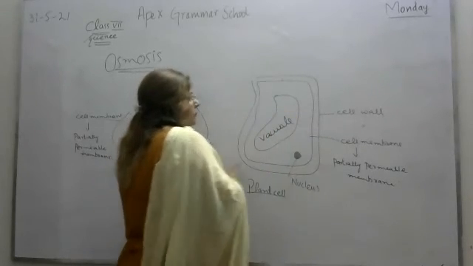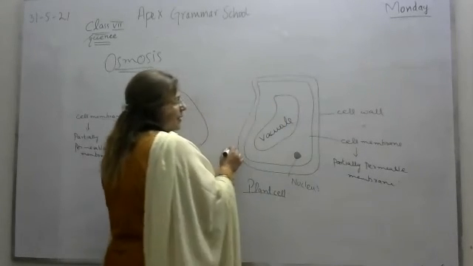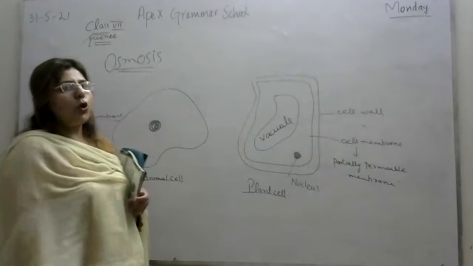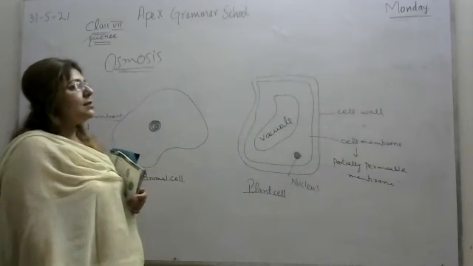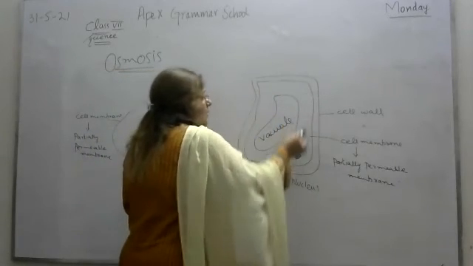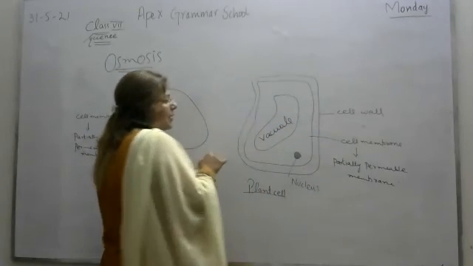The outer side of a plant cell is made by a cell wall. It is made of a chemical called cellulose. Cellulose is hard and rigid. It does not change its shape. But inside the cell wall there is a cell membrane.